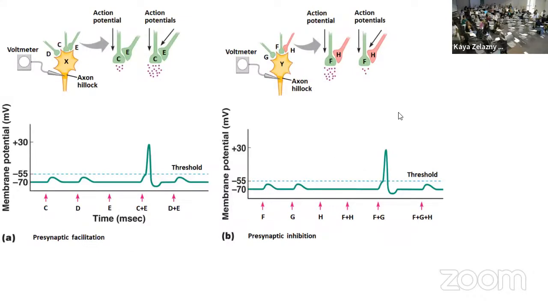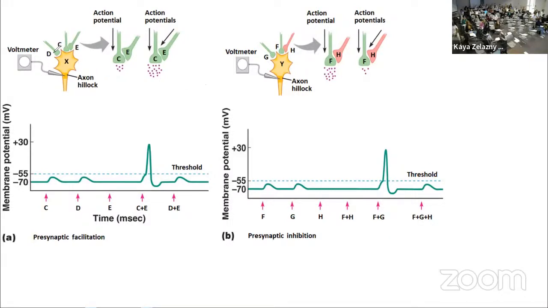Looking at this chart, we are seeing here neuron D has an axosomatic connection to neuron X. So does neuron C. And we can see their effects down at the bottom. So if C fires, it creates a slight depolarization.